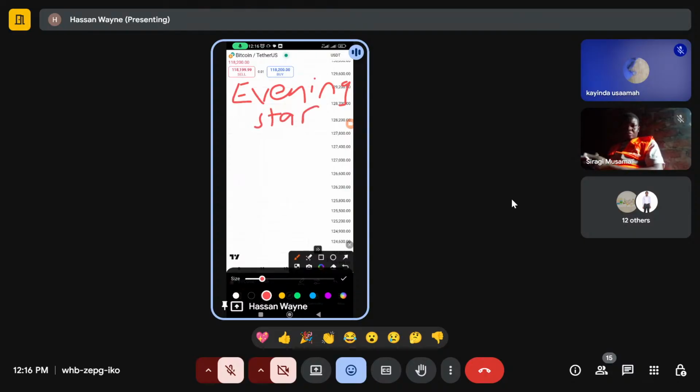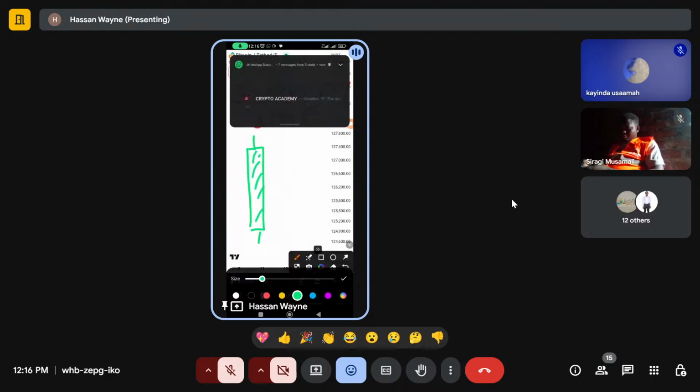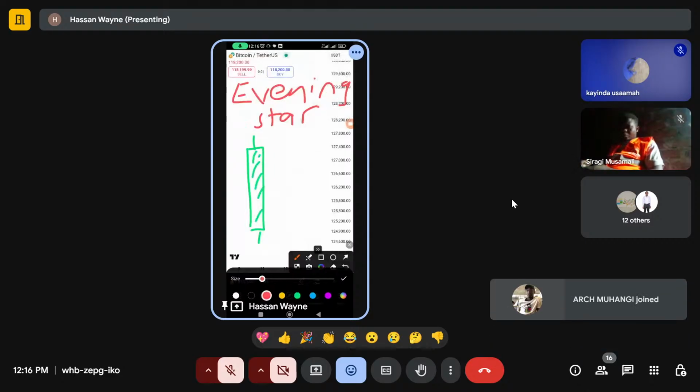In our evening star, we get a bullish candle like this, and we get a small candle. It might be a doji candle, but it should be bearish.